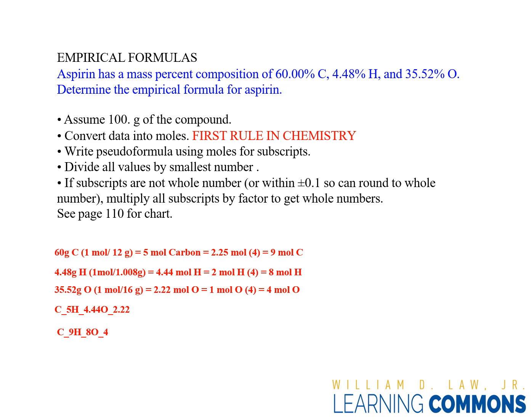I want to round the 2.25 mole of the carbon to a whole number, even or odd. The only number I can multiply by to make it a whole number is 4.